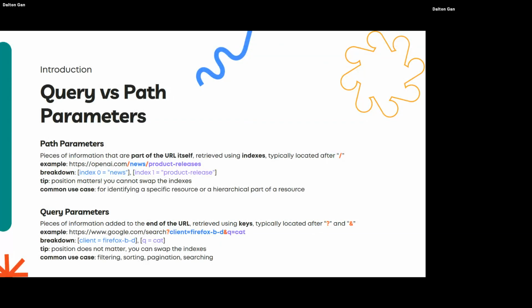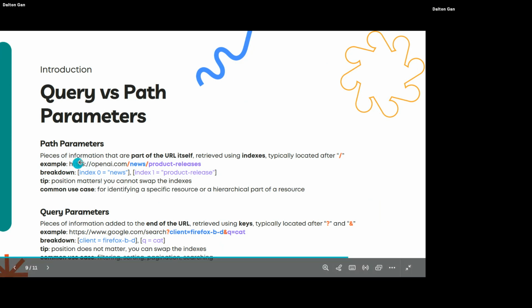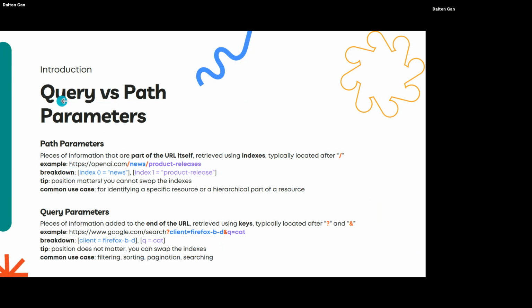Okay, this is a little bit hard to understand, but I hope the example helps. So there are two types of parameters for endpoints, path and query. Basically, path parameters look like this. There is a base URL slash an endpoint slash another endpoint. This is identified via indexes, which means you are accessing the product release under the news category.